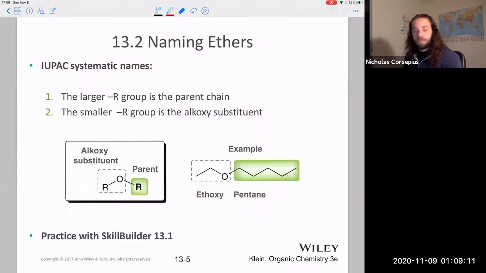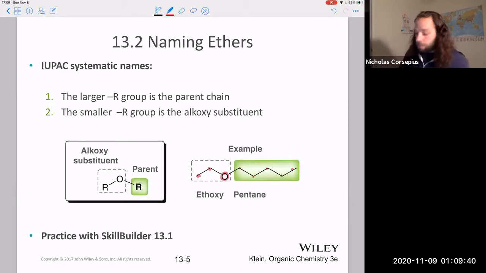There's also the systematic, the IUPAC nomenclature. Okay, so how the IUPAC nomenclature works is to treat the ether portion as a substituent, right? So what do I mean by that? That means that the oxygen, as well as the other half of that carbon chain, is going to be considered the substituent, and thus the other portion is going to be the parent chain.